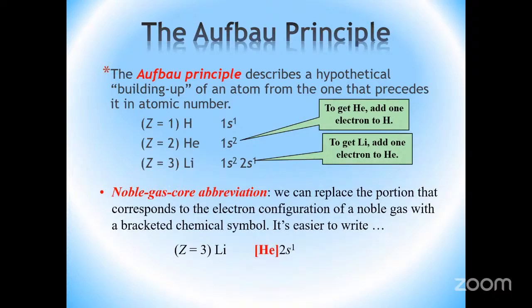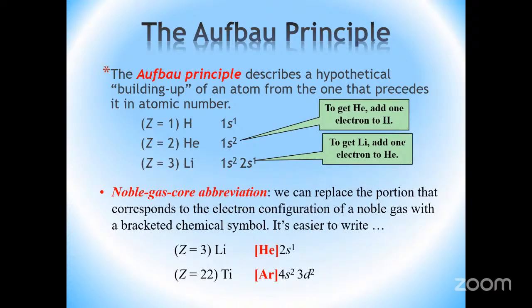And that is true in this case. But if you look at heavier elements, then you're going to see the difference between the standard configuration and the abbreviated version. In fact, the next example is that of titanium, right? So titanium has an atomic number of 22.